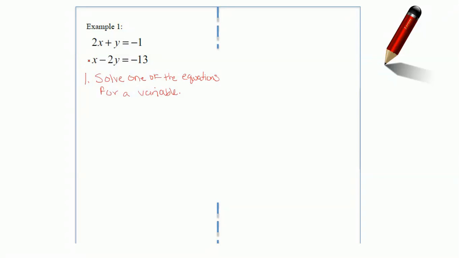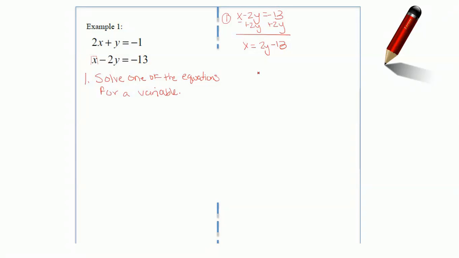So a lot of times I try to look for an x that doesn't have a number or a y that doesn't have a number. You could solve for the x or the y on the top or the bottom. I'm going to solve the bottom one here for my x. So here's step one. x minus 2y equals -13. Since I want to solve for x, I'm going to add 2y to both sides. And I'm going to get x equals 2y minus 13. So number one is done.